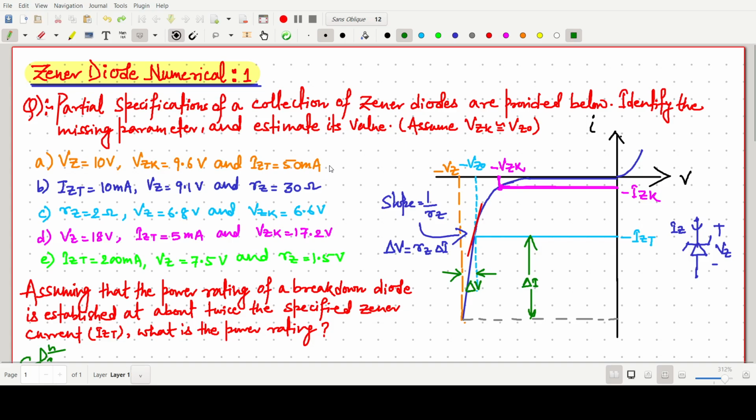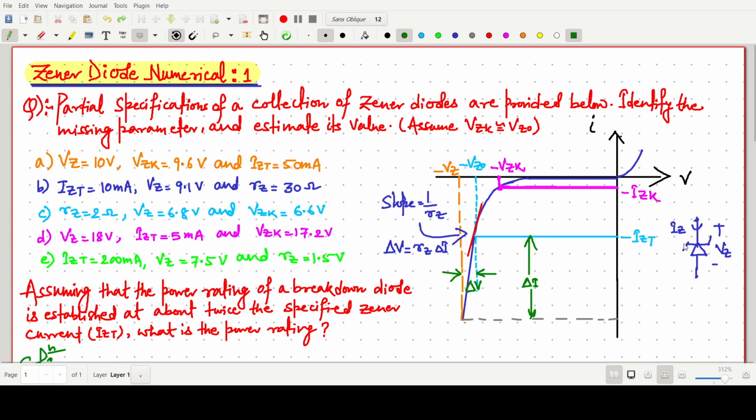missing parameter and its corresponding value and estimate its value, where VZK, the knee voltage, is somehow equal to VZ naught. And this one is simply the IV curve of a Zener diode.